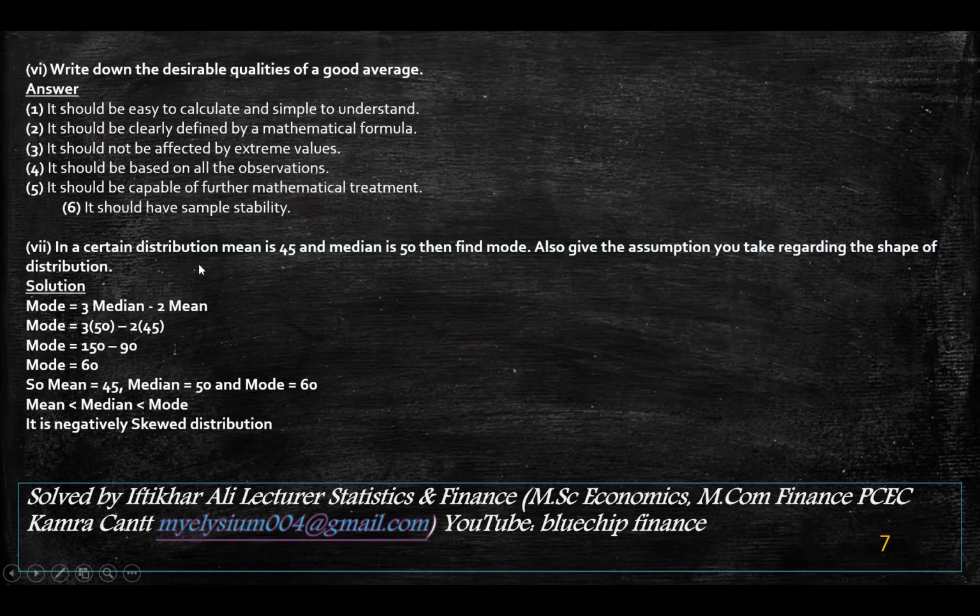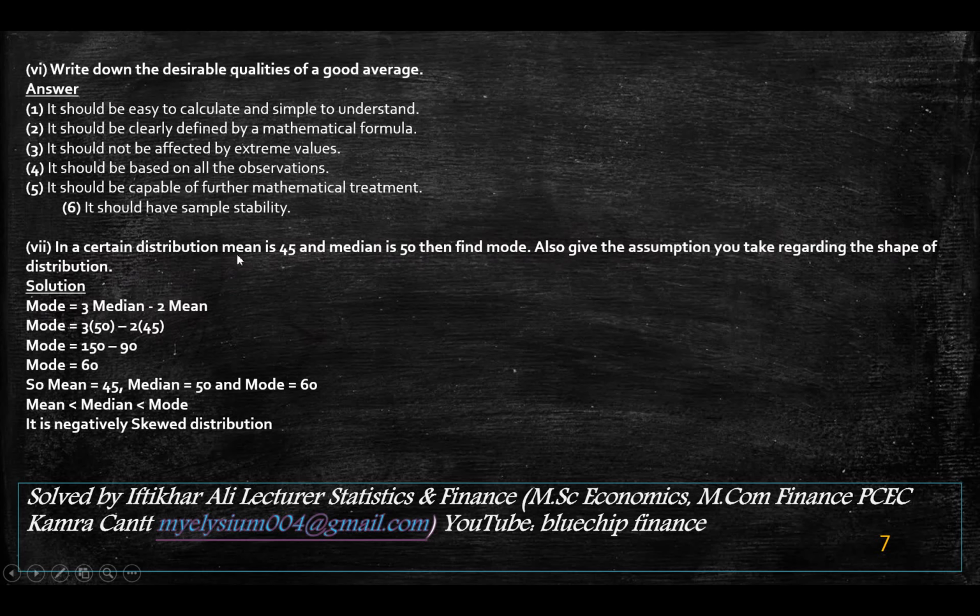Question number 7. In a certain distribution mean is 45 and median is 50, then find mode. Also give the assumption you take regarding the shape of distribution. Simple. We need here to apply the empirical method to calculate mode. Formula for mode in empirical method is 3 median minus 2 mean.